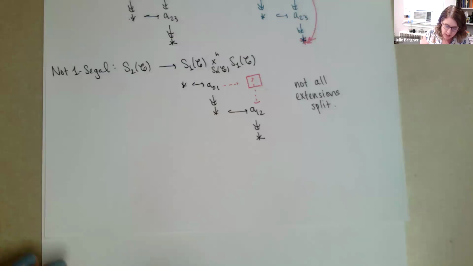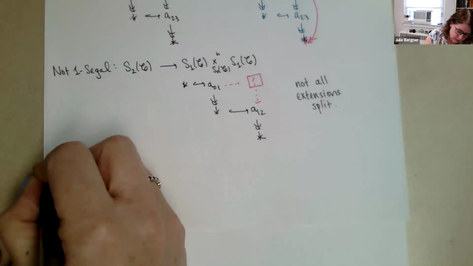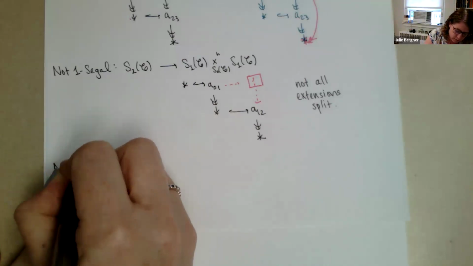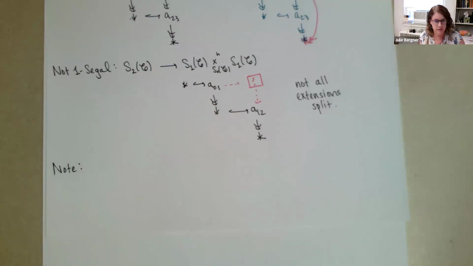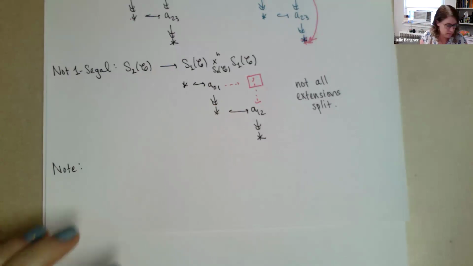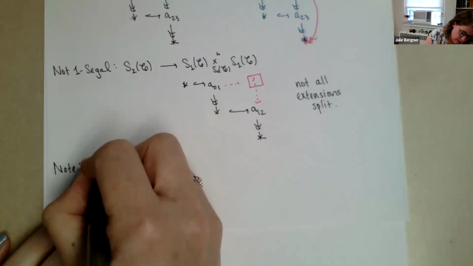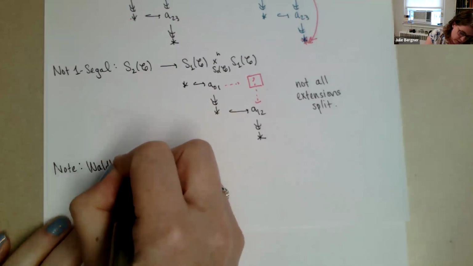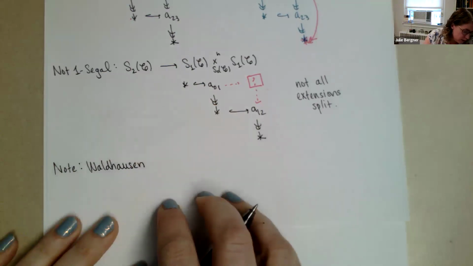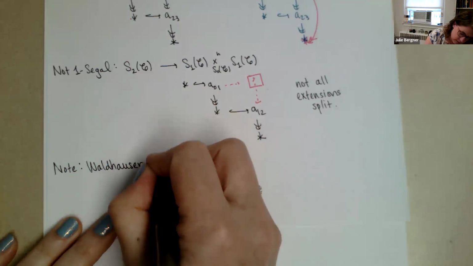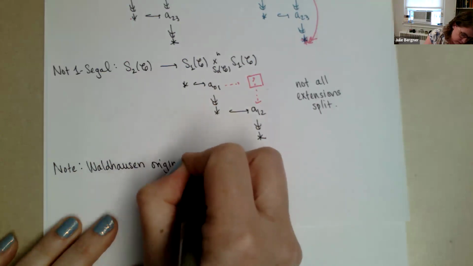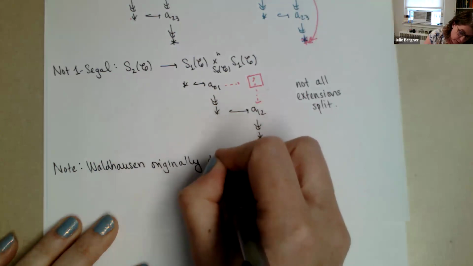All right, so then just a side comment. If you're familiar with Waldhausen's construction of this, Waldhausen actually made this construction for something more general than what I'm talking about here. He defined it for Waldhausen categories, or you could just say categories with cofibrations.